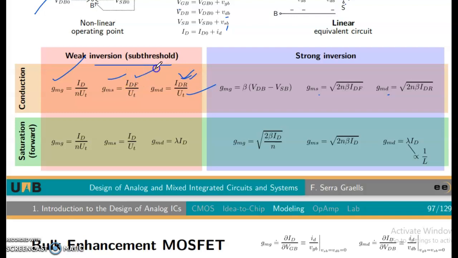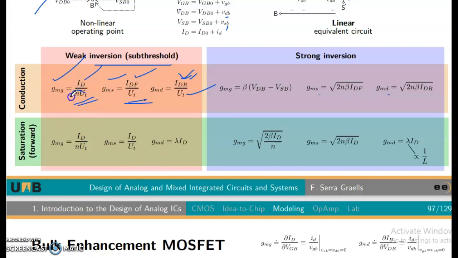Forward, the forward drain current, under UT. Here the drain current is divided by nUT.